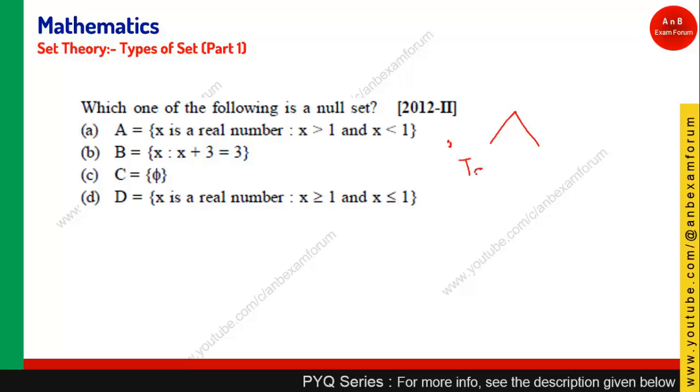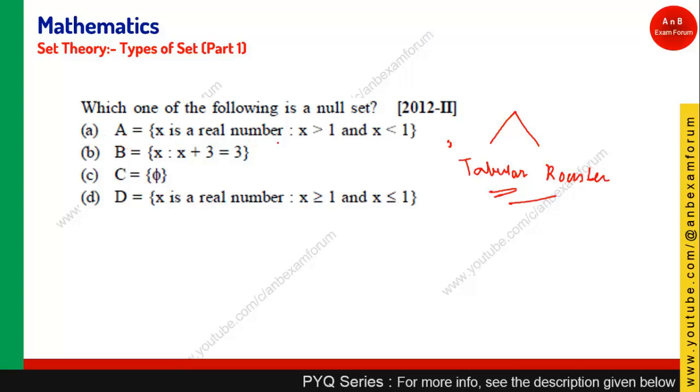One is the tabular form, the other one is the roster form, where you build the set. I am not going to cover the detail of how to represent the set in this particular session. We will focus only on the previous year questions. So let's see one by one.